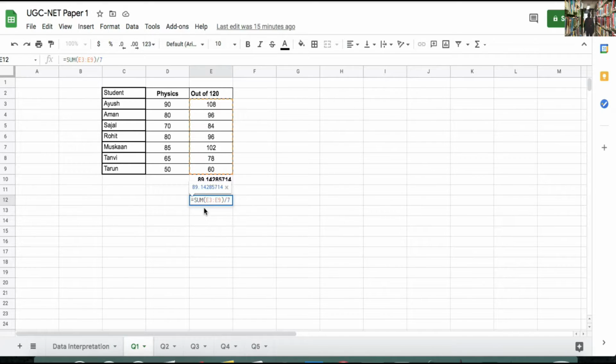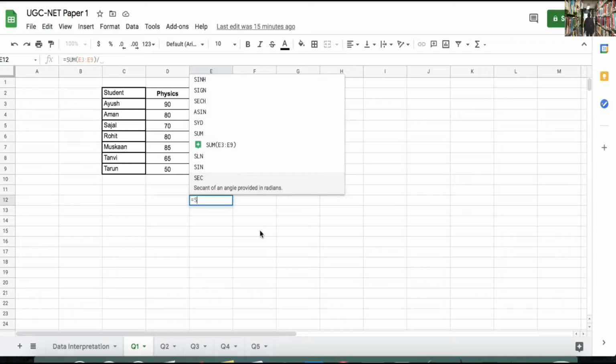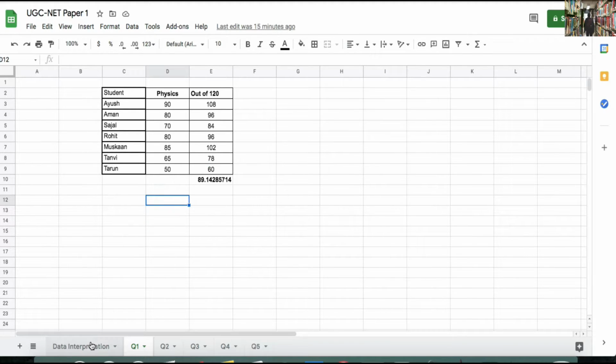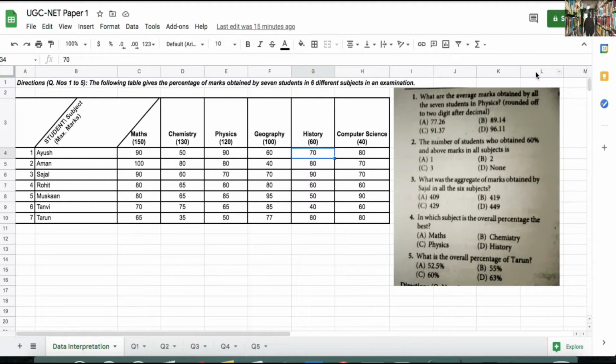It's the same thing. Sum of E3 to E9. You have to add this manually with a pen and paper, divide by 7, and you'll get 89.14. So let's see if we have the option here. See, 89.14. That means this is absolutely correct. You're going to get marks for this. You have that option here.